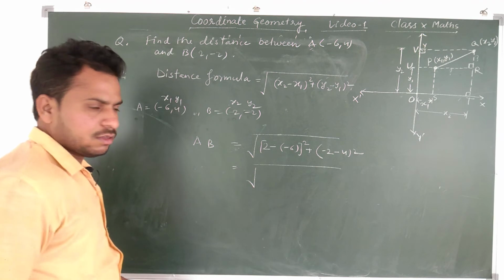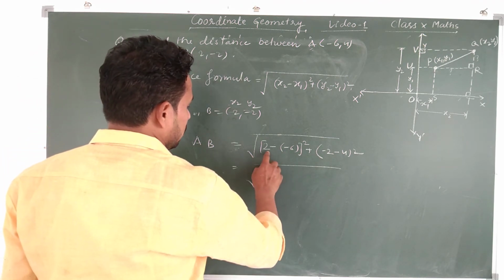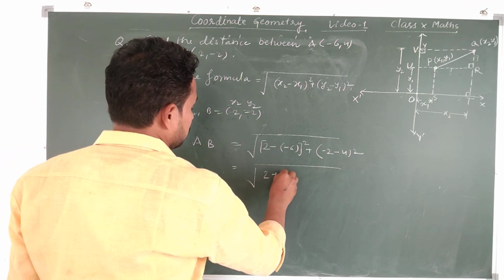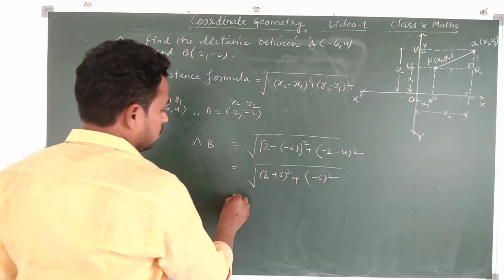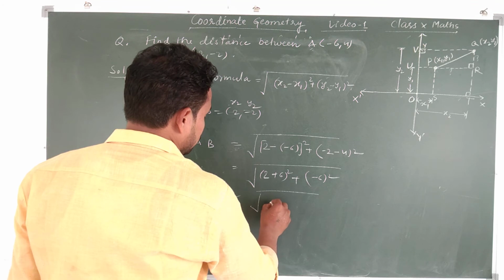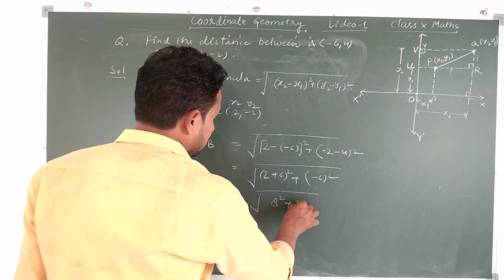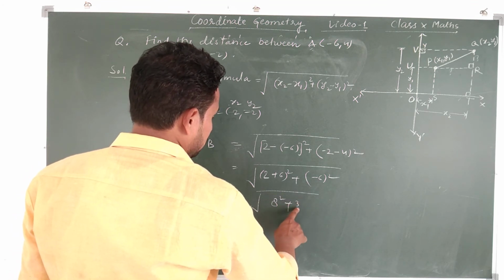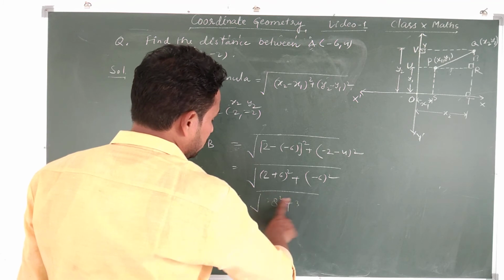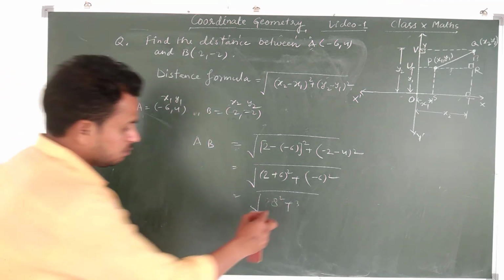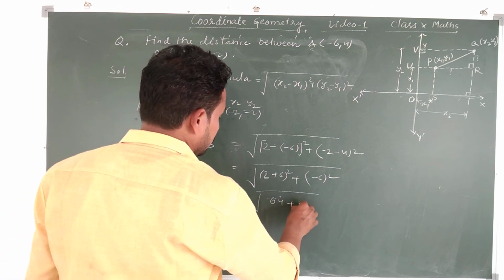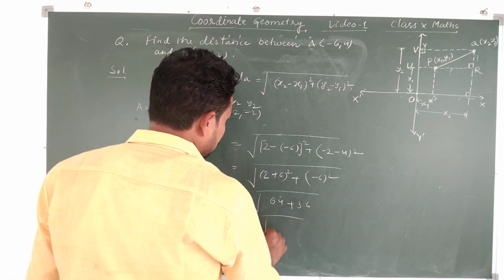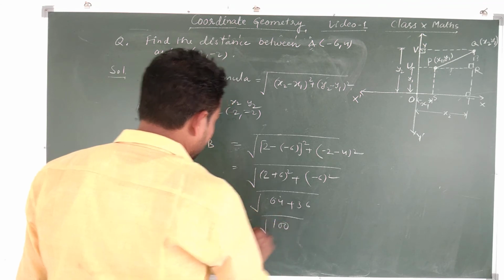Simply we calculate: (2 plus 6) square plus (-6) square, 8 square and 36. 8 times 8 is 64 plus 36 is 100.